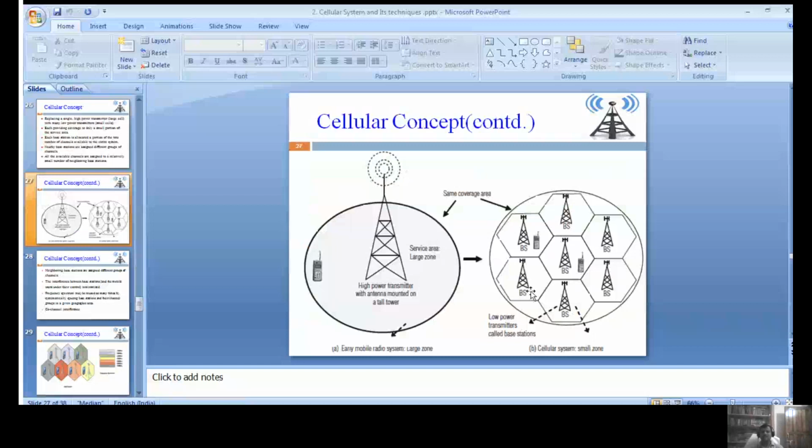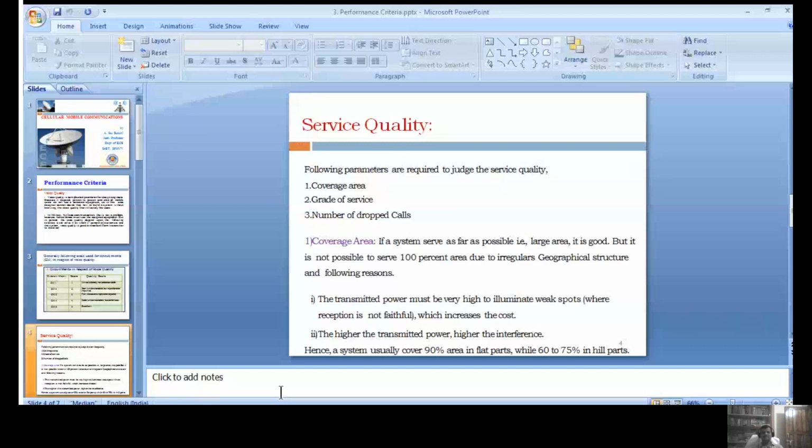Next, the second one is service quality. Service quality depends on coverage area, grade of service, and number of dropped calls. What does coverage area mean? Is it possible for a cell phone tower, base station or cell site to cover 100%? Practically it is not possible.